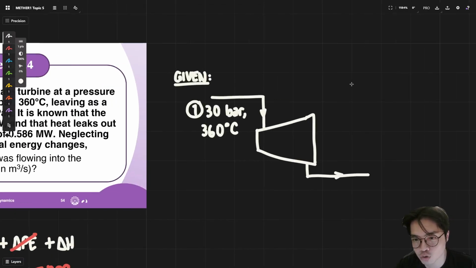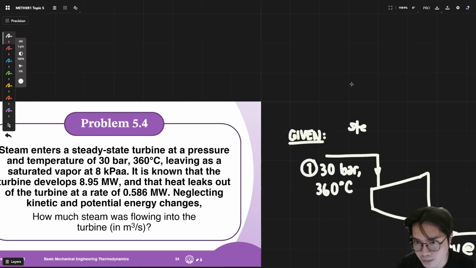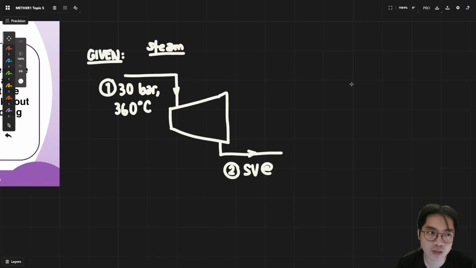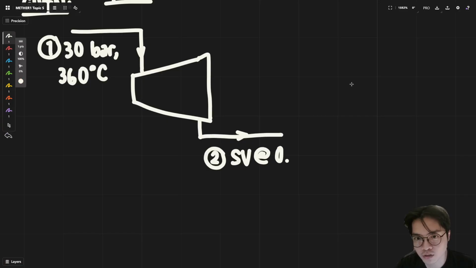This is now state 2, saturated vapor at 8 kPa. But again, we are working with steam, so I'm going to have to get from my property tables. That means I should turn this 8 kPa into bar, which is 0.08 bar.